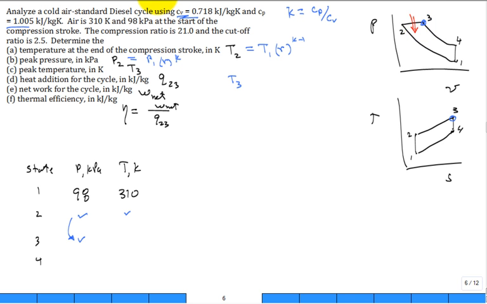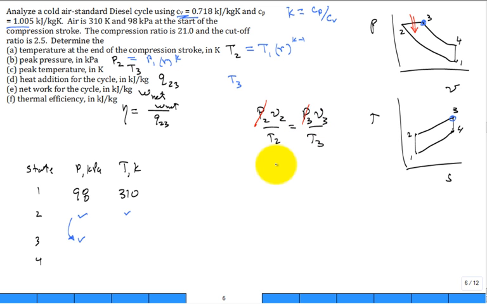You always remember at any point, any time in the cycle, it's always behaved as an ideal gas, does it not? And so you have that P2 V2 divided by T2 is equal to P3 V3 divided by T3, true? And in this case, the pressure 2 is equal to pressure 3.